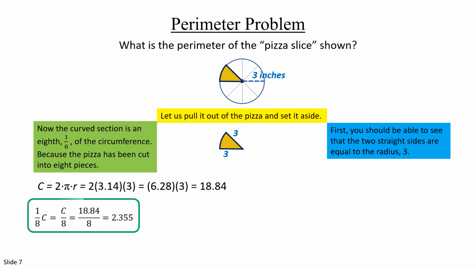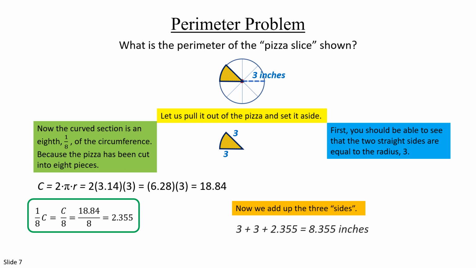We take 1/8 of that, and that's 2.355. So now we've got the two sides of 3, and the curved outer edge is 2.355. And we just add up the 3 sides, and we get 8.355 inches.